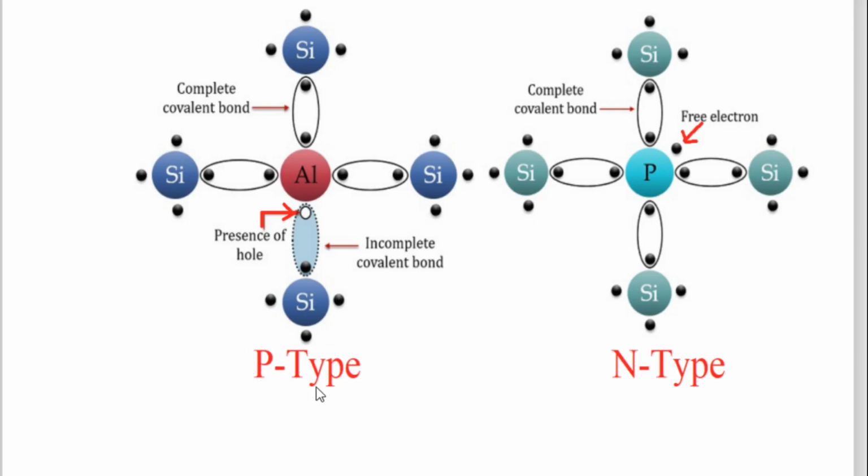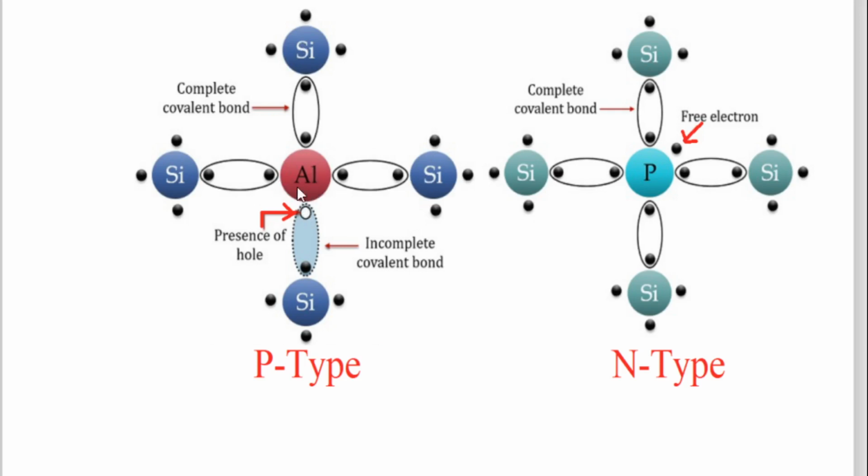Let us come to the left hand side, that is the p-type material. In p-type material, all of you know that aluminum is a trivalent impurity, and the 3 valence electrons of the aluminum atom are shared with 3 silicon atoms.